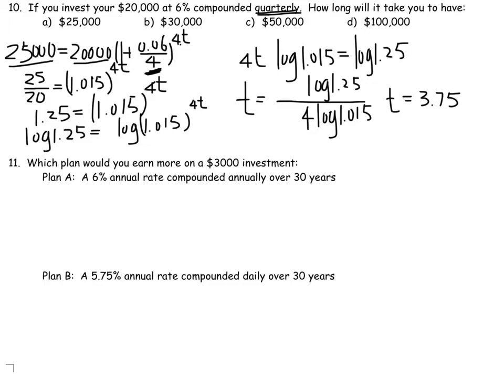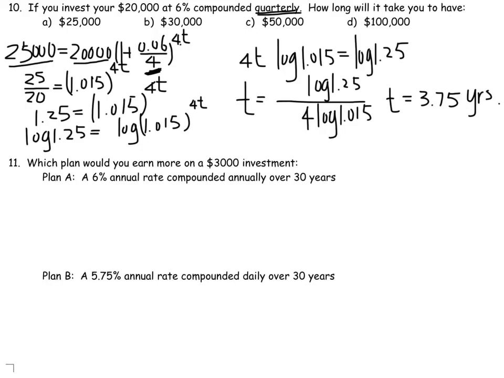Log 1.25 equals log 1.015 raised to the 4t power. So using the power property, 4t times log 1.015 equals log 1.25. Divide both sides by 4 times log 1.015 to find my t equals 3.75 years.